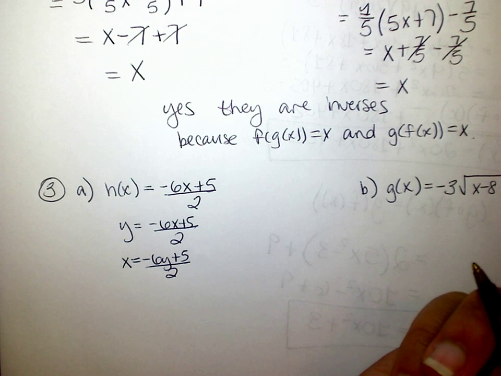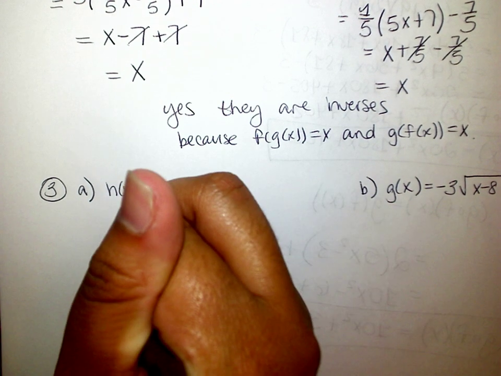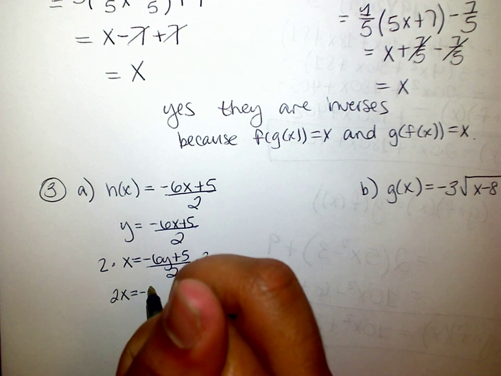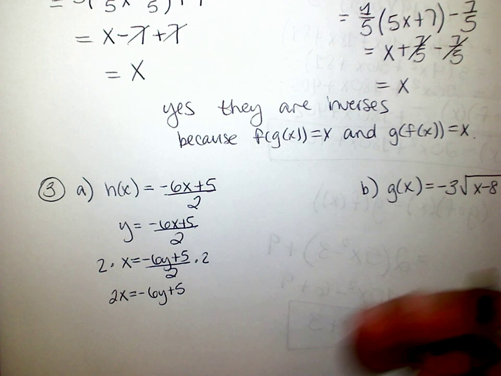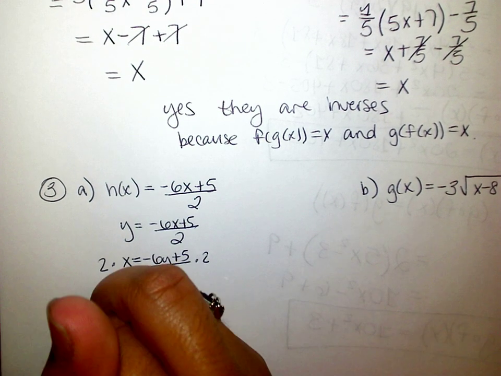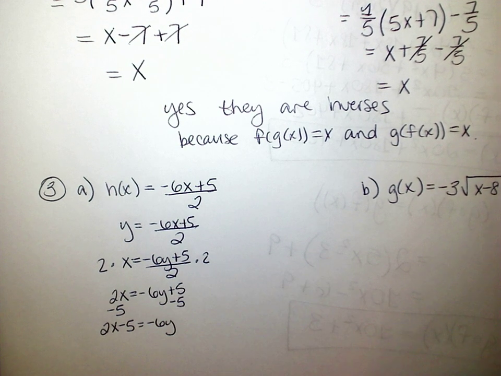We're going to multiply both sides by 2 to get rid of that division of 2. So we get 2x equals negative 6y plus 5. We're going to subtract 5 from both sides. So we get 2x minus 5 equals negative 6y.